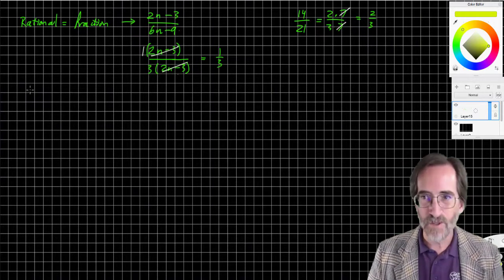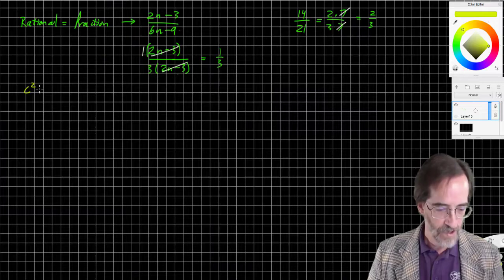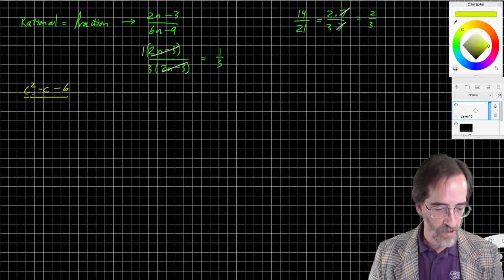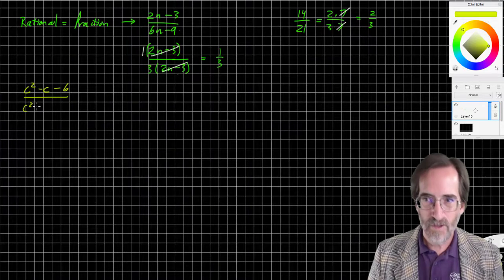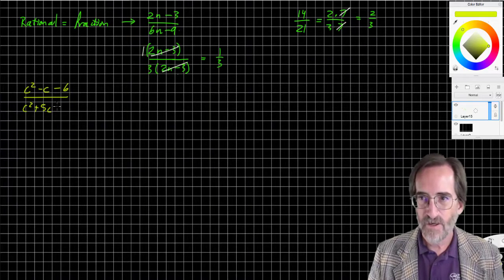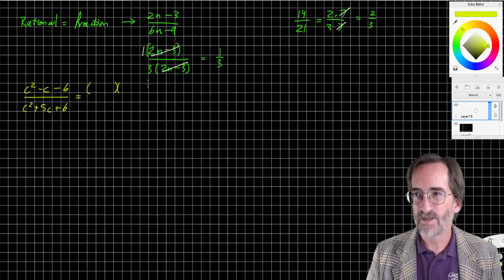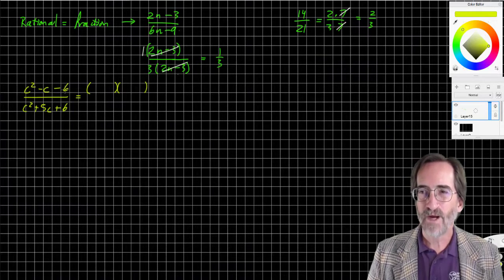Here's a rational expression: c squared minus c minus 6 all over c squared plus 5c plus 6. So we're going to factor. 2 sets of parentheses. This is our guess and check method. We need factors of 6 that subtract to make 1.